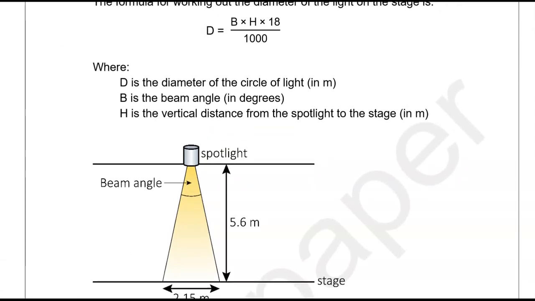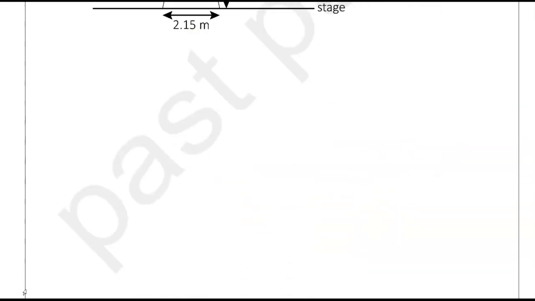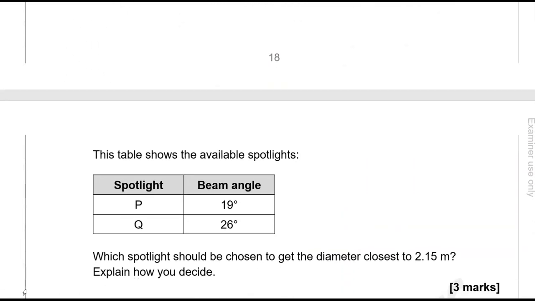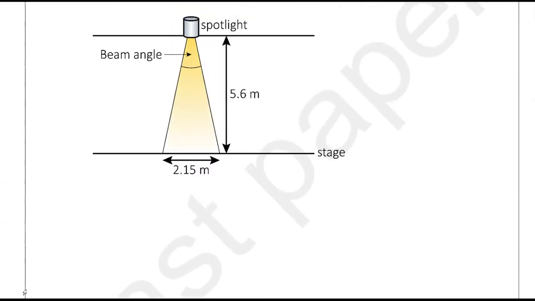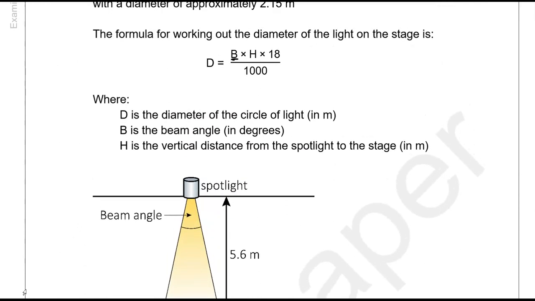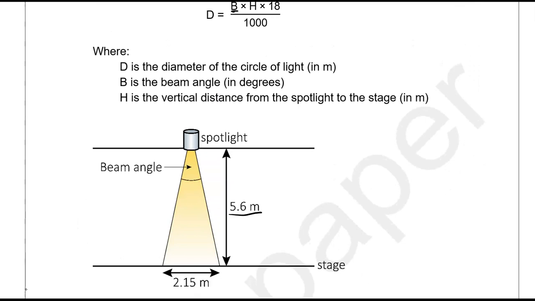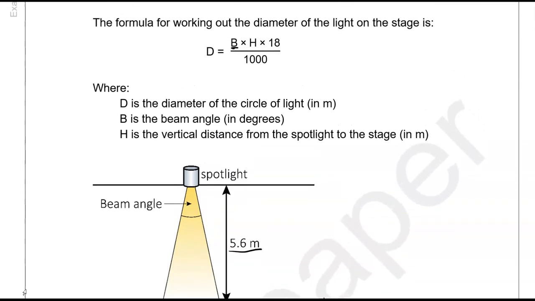So let's replace the values. So B is going to be either 19 or 26, so we can try with both. And H is 5.6 meters multiplied by 18 and then all divided by 1000.